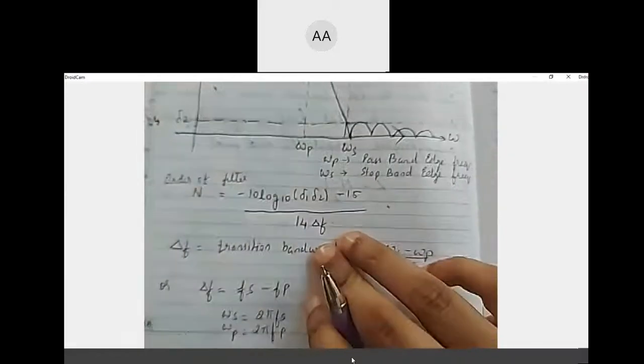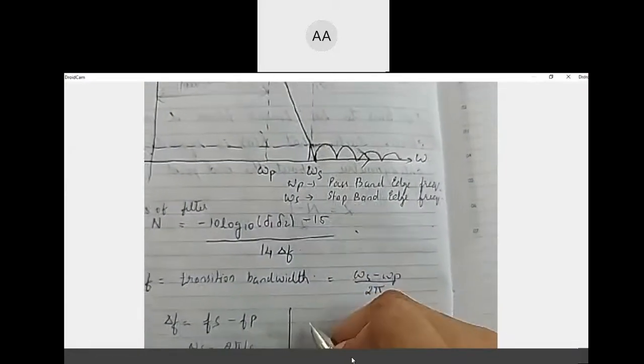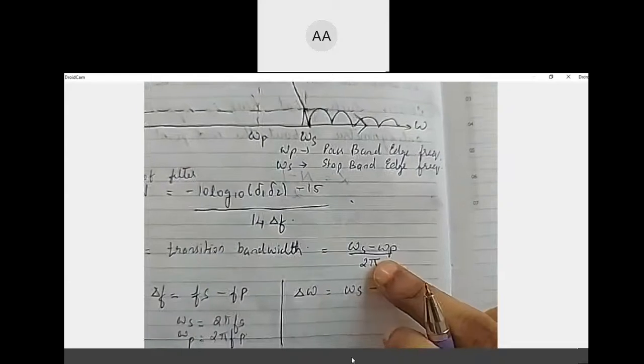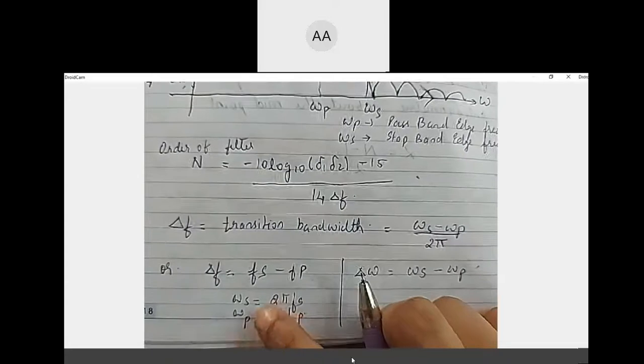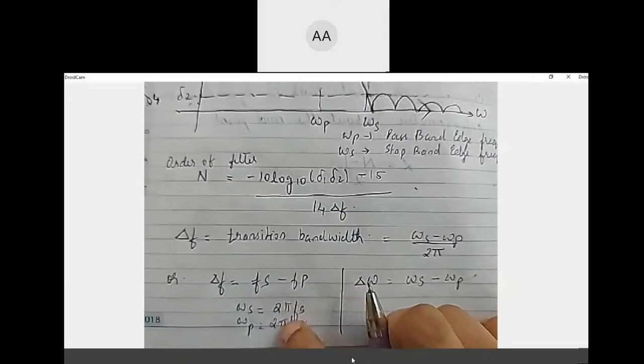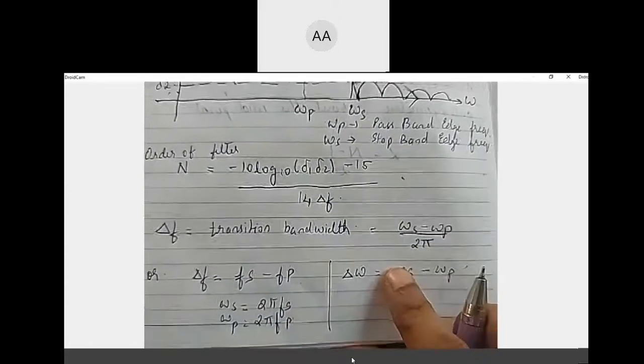If you want it in radians, it is nothing but delta omega, which is omega s minus omega p. You won't divide by 2 pi. If you want it in hertz, you will divide by 2 pi. If the value is in hertz, you multiply by 2 pi to get radians. Just remember that. Here we are considering the transition width in terms of radians.